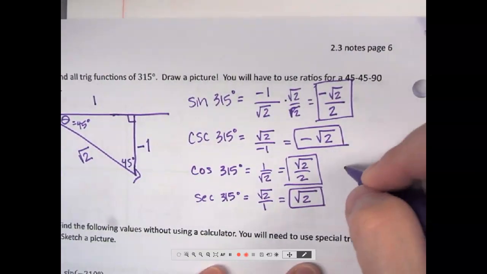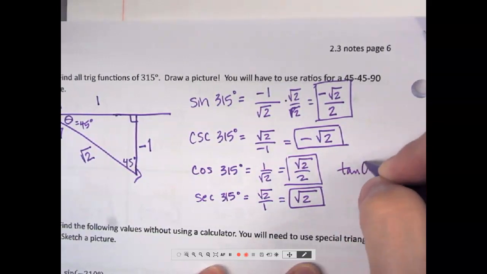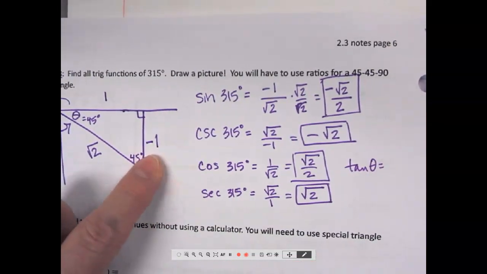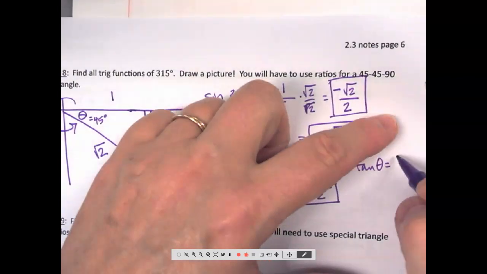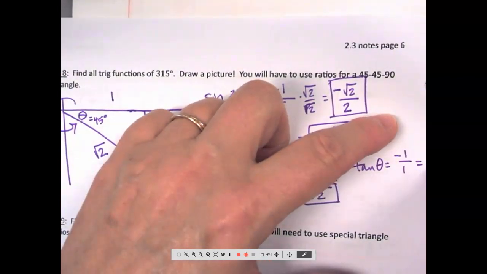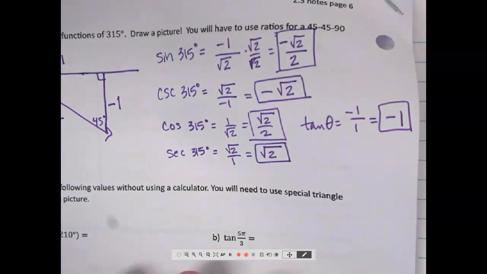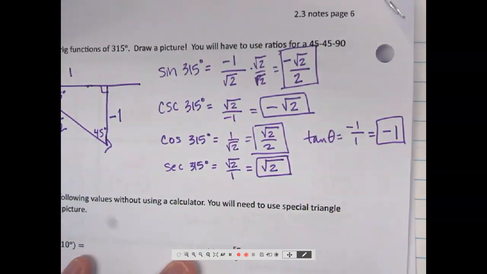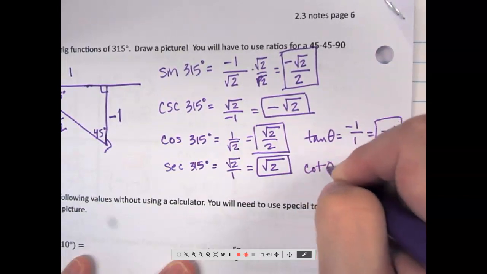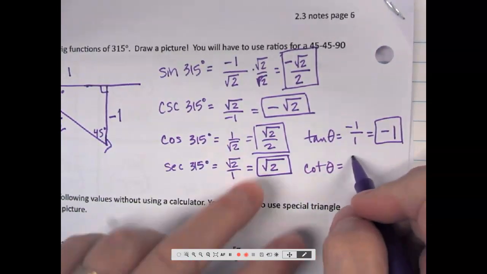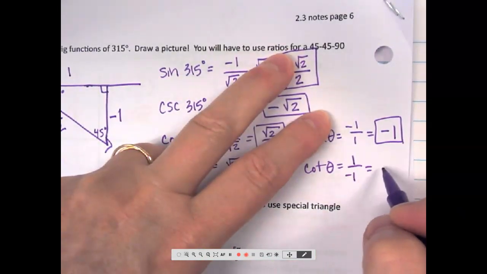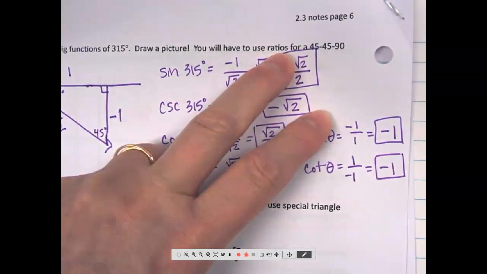Okay, I'm going to have to come over here. Tangent is opposite over adjacent. Negative 1 over 1 is negative 1. And then cotangent is adjacent over opposite, which is also just negative 1.